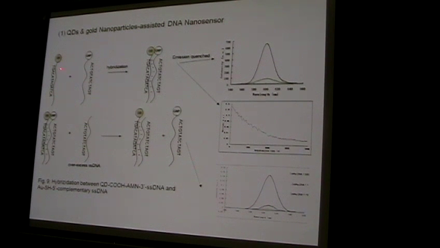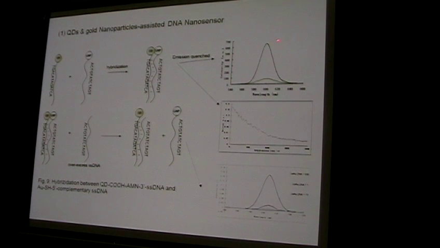So in this case, we use the DNA through hybridization. These two DNA strands are complementary to each other, so they attach to each other through hybridization. And then the quantum dots will be very close to the gold nanosphere, and cause quenching.